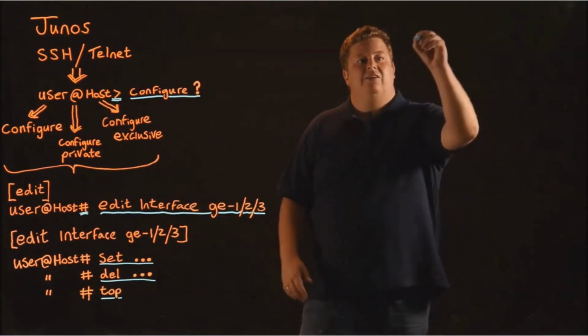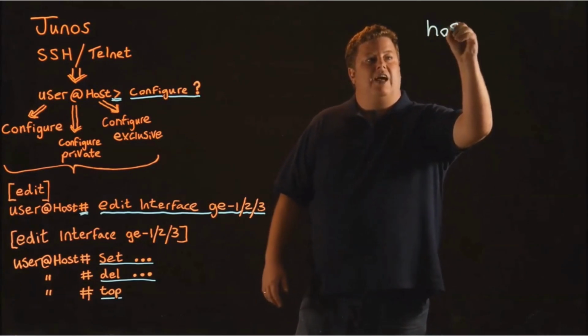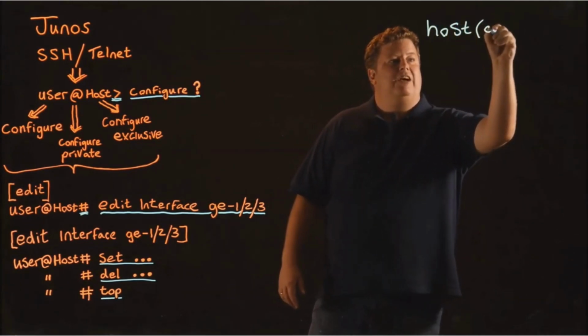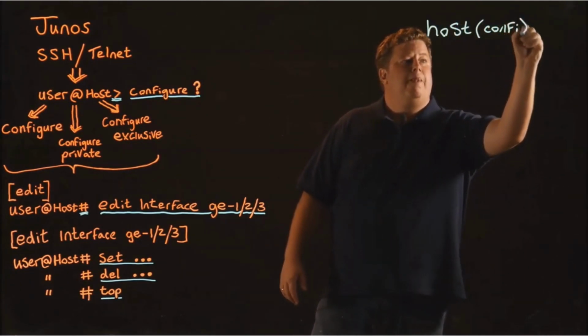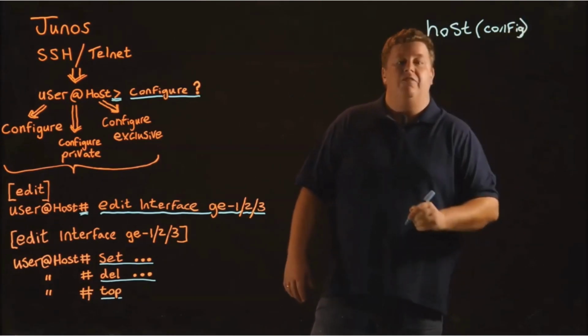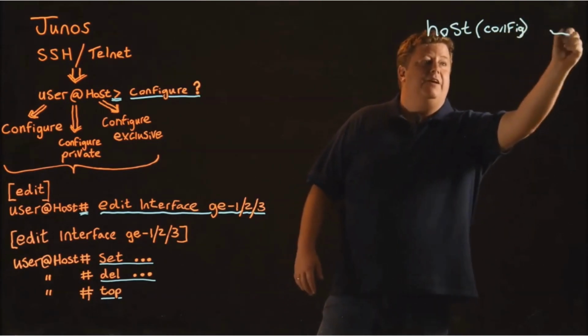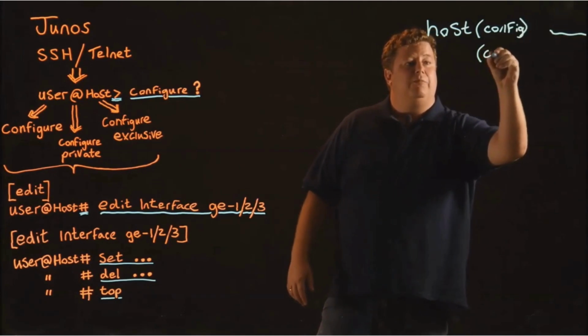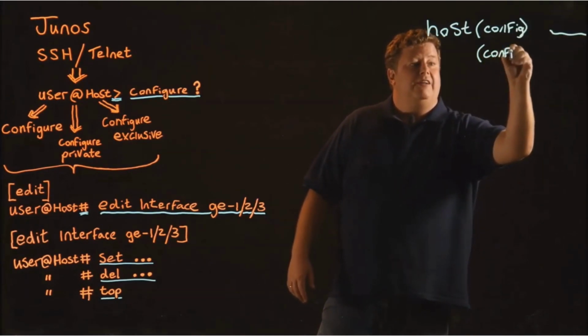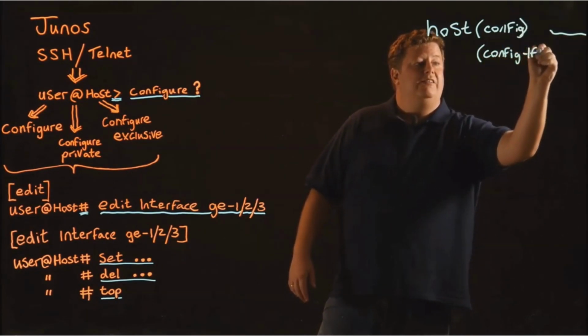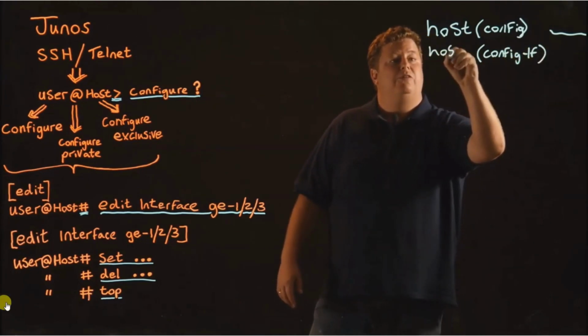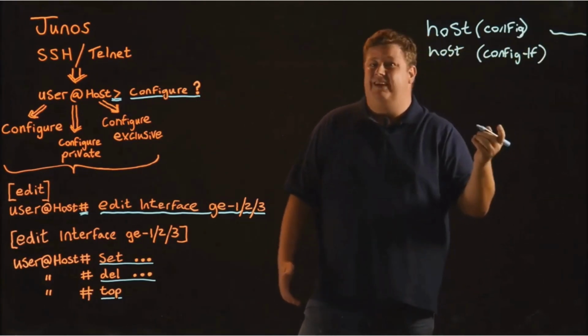We'd be seeing something like hostname(config)#. And if I typed in some interface name here, that might transition to tell me that I'm in config for an interface at the same host, but it kind of leaves me to guess where I am.